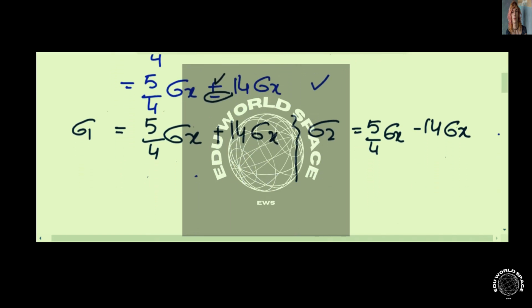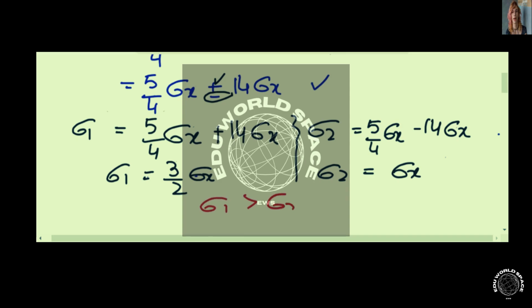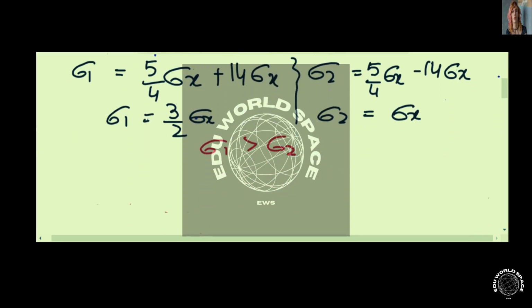Solve them separately and you'll get that sigma sub 1 is equal to 3 divided by 2 sigma sub x, and sigma sub 2 is equal to sigma sub x. Now as you can see over here, it's quite clear that sigma sub 1 is greater than sigma sub 2, so it means that sigma sub 1 is equal to sigma sub y.